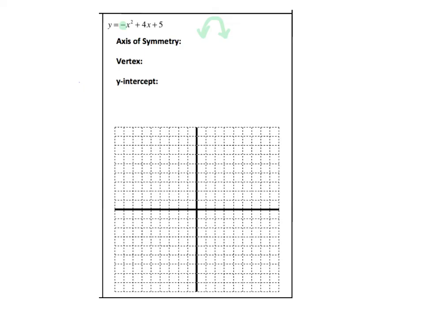All right, so first, finding the axis of symmetry, I have x is equal to the opposite of b. Oh, let's go ahead and write out. My a is -1, my b is 4, and my c is 5. All right, so back to our axis of symmetry, I have x is equal to the opposite of b over 2 times -1.